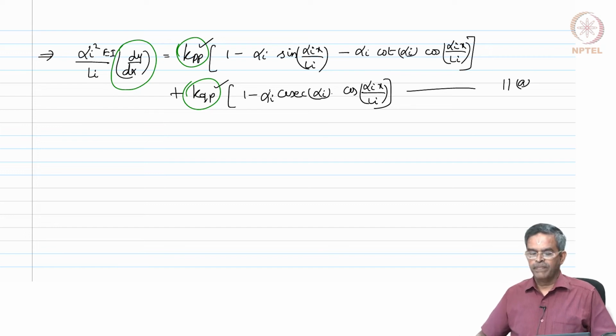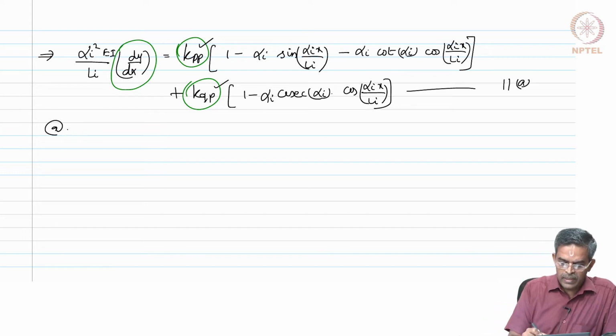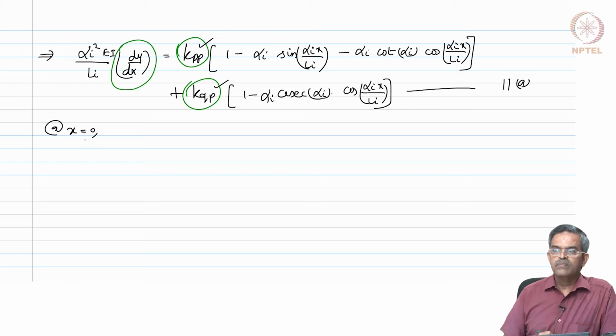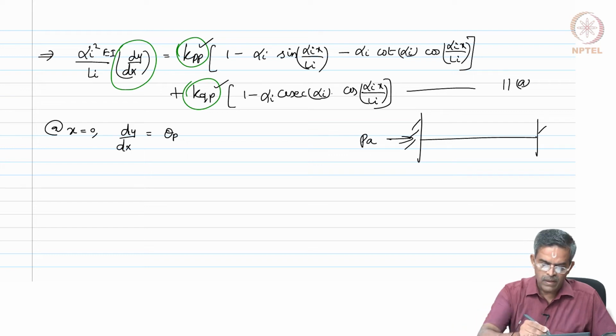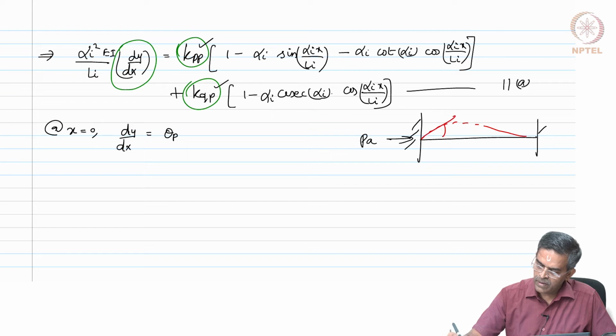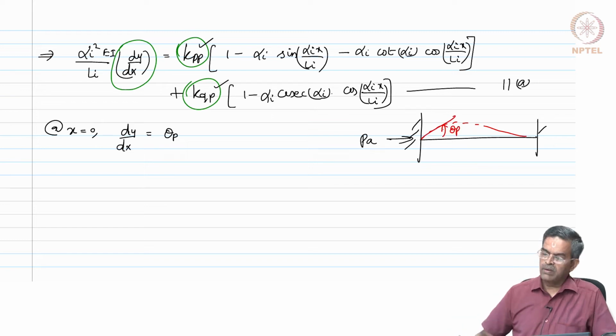Okay, equation 11. Now, we know at x equals 0, dy by dx is theta p, because that is how we gave the rotation, is it not? This was the beam under axial compression PA, and we gave a rotation which is unity, and this was theta p we gave, is it not?